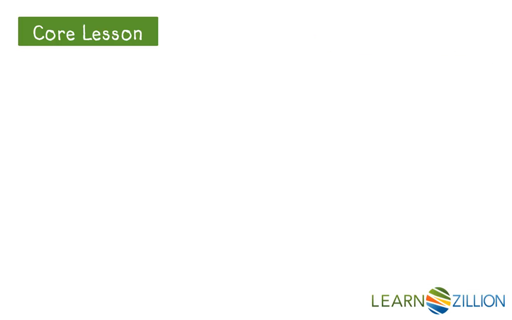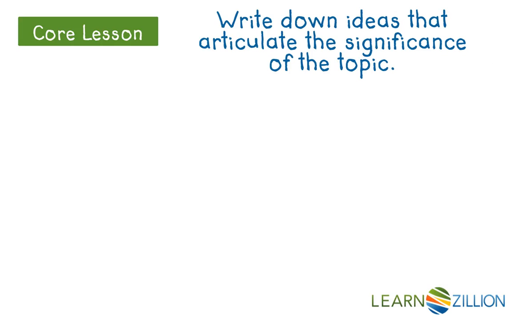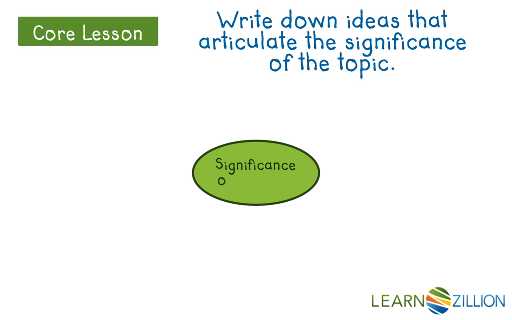So next, we are going to write down ideas that articulate the significance of the topic. For this step, I'm going to use a graphic organizer, most commonly referred to as a mind map, concept map, or a web. If brainstorming with a mind map doesn't work for you, jotting down ideas in a linear list is just fine as well. Let's first write significance of the topic in the middle.